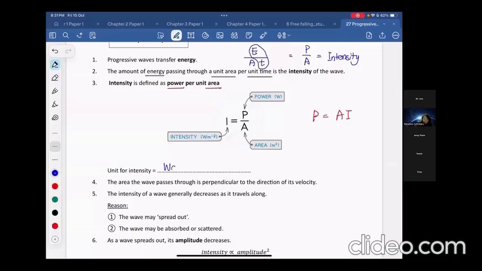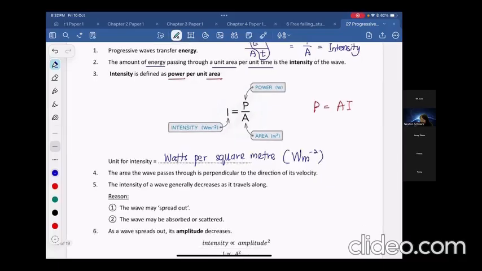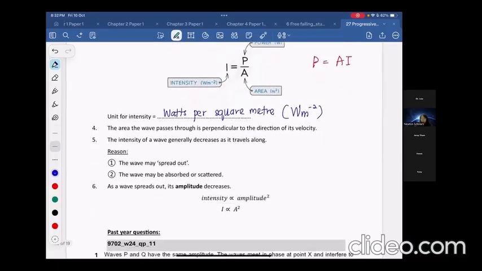Power is in watts, so it is watt per square meter, or W m negative 2. This is the unit for intensity. Wesley, have to check, is it provided in the formula list or not?